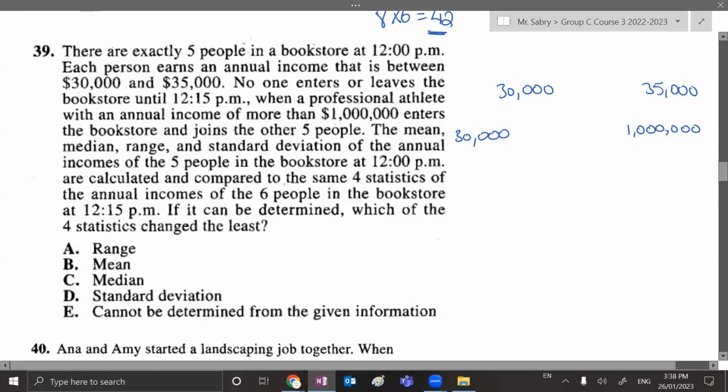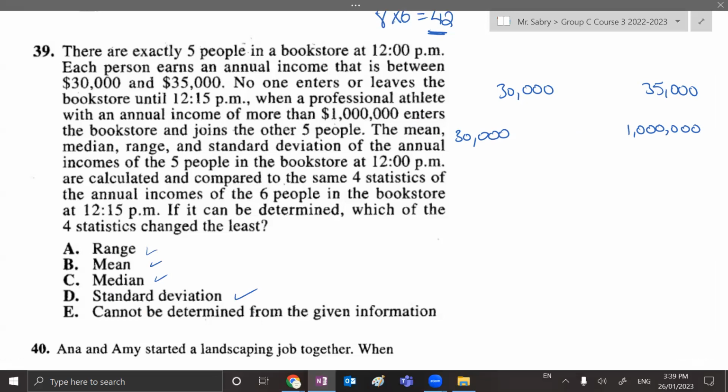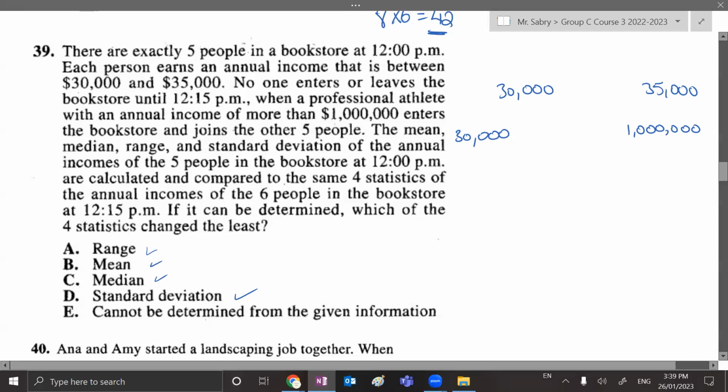They're asking which of the following statistics, the range, mean, median and standard deviation, has changed the least. They've all changed, but which changed the least? So let's quickly remember what each of those is. The range is the largest number minus the smallest number, and that has definitely changed a lot.